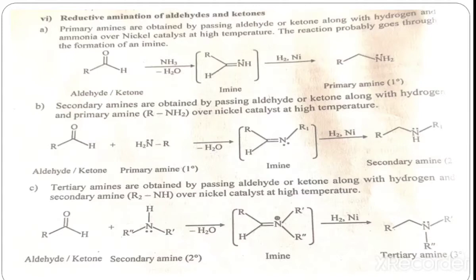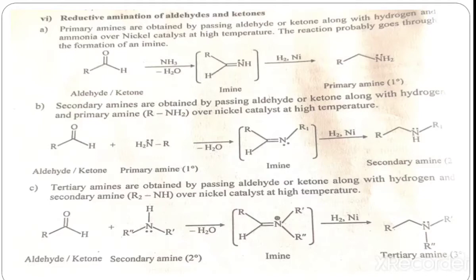Now next, how will you synthesize the tertiary amine? To obtain the tertiary amine, the aldehyde or ketone along with hydrogen and a secondary amine is heated over a nickel catalyst at high temperature.